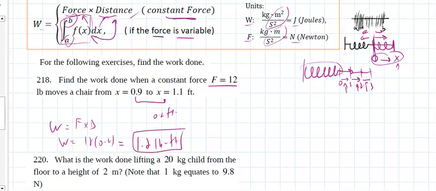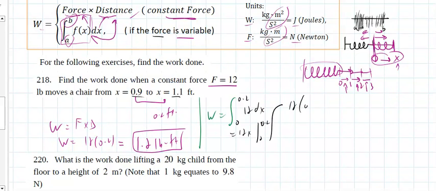Now, side note really quick. If you say the work is the integral from 0.9 to 1.1, well, actually that's not 0.9 to 1.1. You went from 0.9 to 1.1, which is 0.2, from its resting position to where you dropped it off. Of 12 dx, well, that would be 12x evaluated from 0 to 0.2.